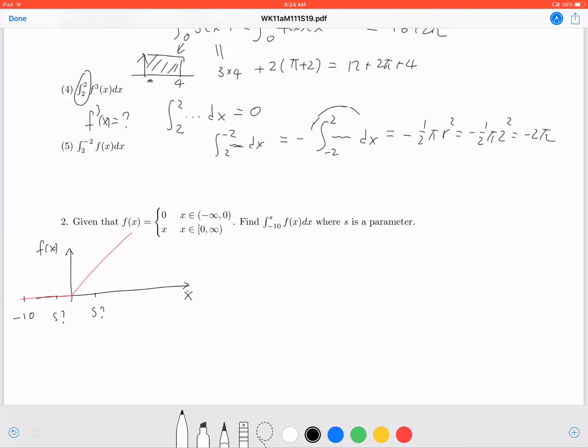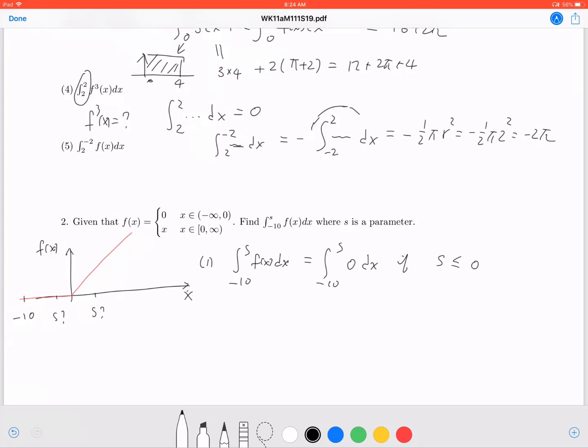So we see the following thing. Look at this integral from negative 10 to s, f of x dx. And we realize if s is less than or equal to 0, the function's value is actually 0. So this is case 1. This is equal to the integral from negative 10 to s of 0 dx if s is less than or equal to 0.